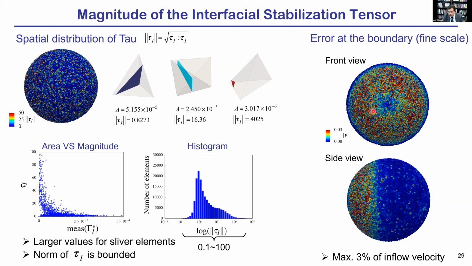We see that at the front of the sphere, because of the incoming velocity and the stagnation point, there is a slight increase in error, but the error stays bounded within 3% of the inflow velocity. And the blue error is very, very small compared to the other parts of the domain. So we can also quantify the quality of our solution for this particular case.